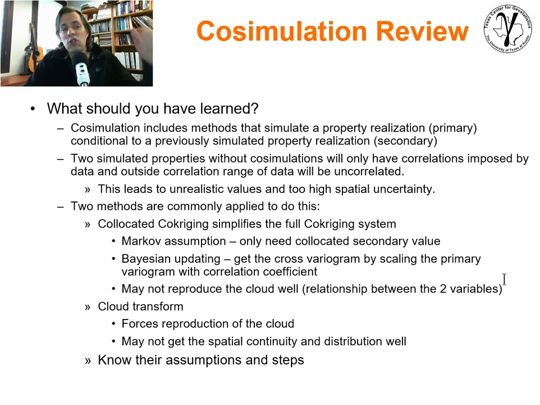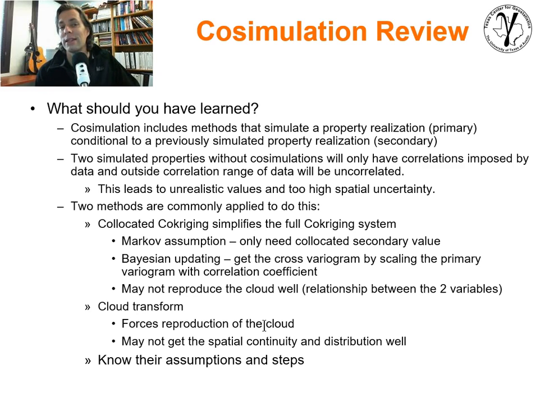We talked about the cloud transform. It forces the reproduction of the cloud. It uses the secondary information to find out which bin you're in the cloud, and then it draws from that conditional distribution in order to simulate.